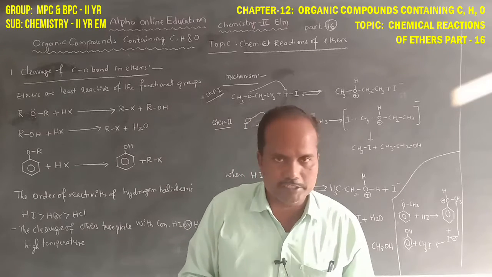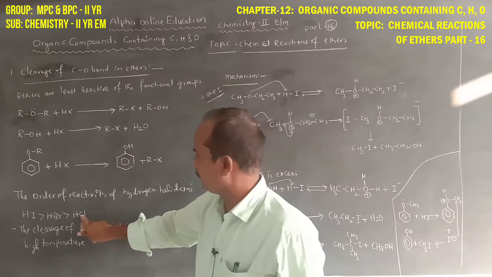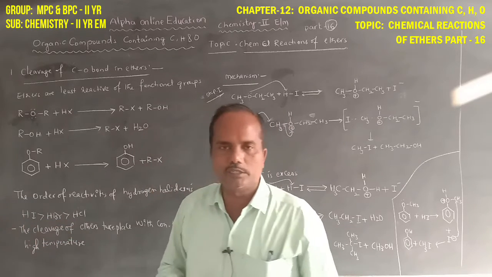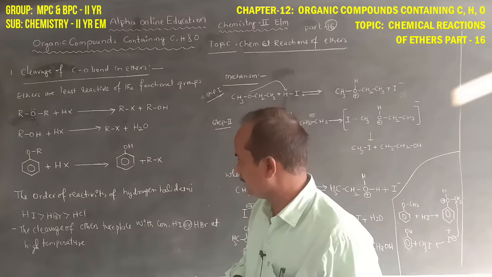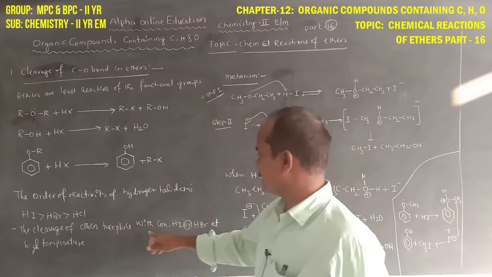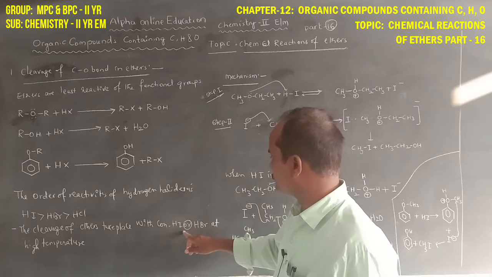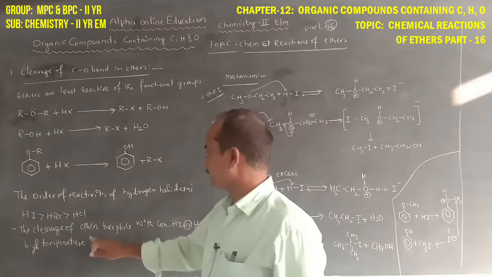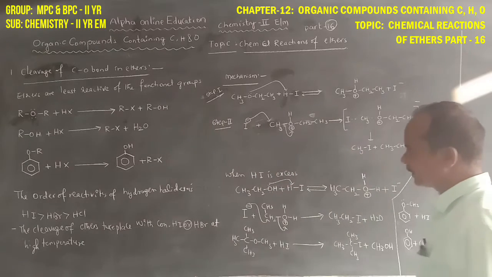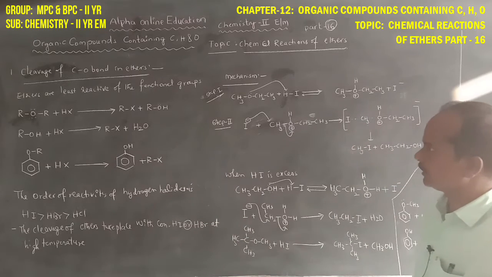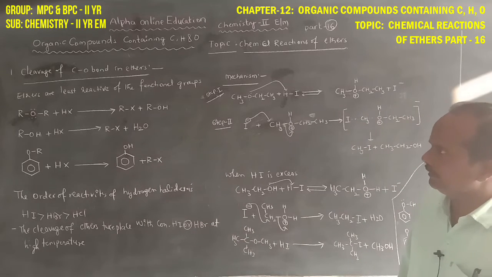Hydrogen iodide is more acidic than HCl because it loses the H plus ion easily and forms the nucleophile, iodide ion. The cleavage of ethers takes place with concentrated hydrogen iodide or HBr, hydrogen bromide, at high temperatures. Drastic conditions are required to cleave the C–O bond in ethers.